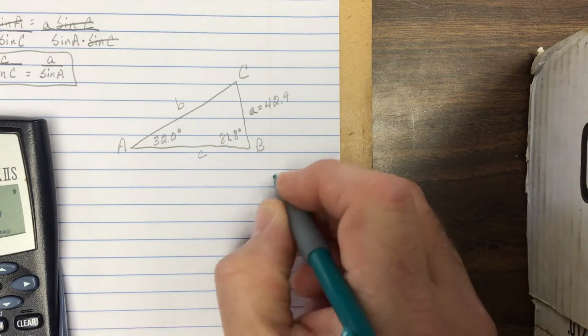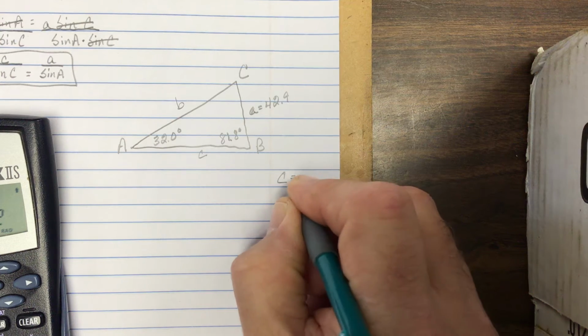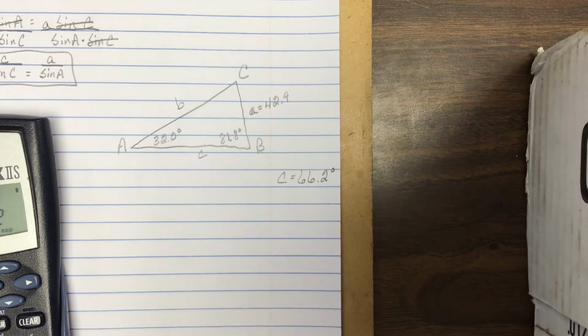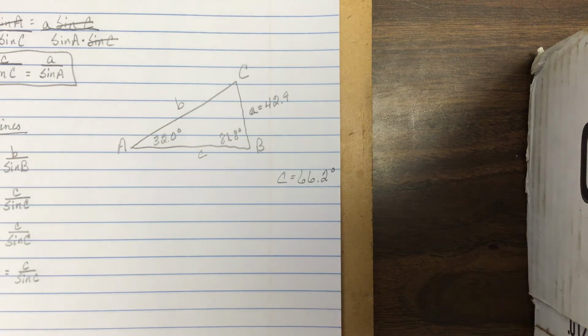So angle C is 66.2 degrees. Now remember, if I can avoid it, I'm not going to use something that I've calculated in order to find the missing parts. Try to always go back to what they give me.